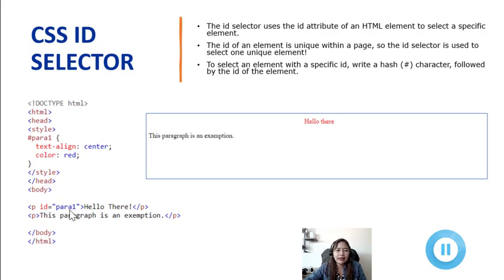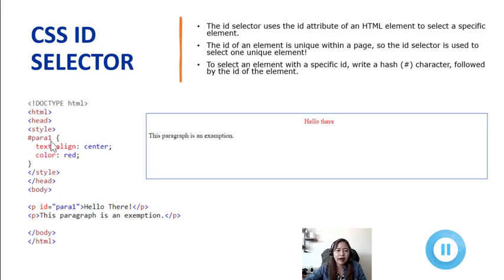So in the ID selector, it uses the ID attribute of your HTML. So that's why here we're using id equal to, and then the value. So that specific value is actually equivalent to a specific format which you specified under your style tag, inside your head tag. Now, you have defined here para1.